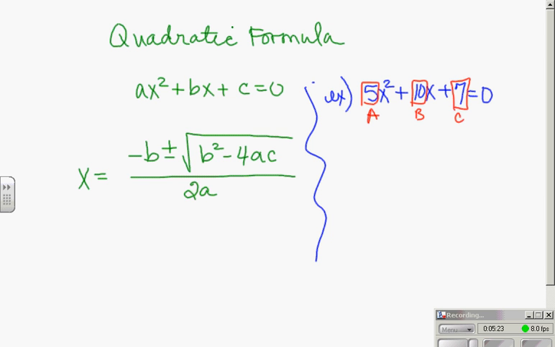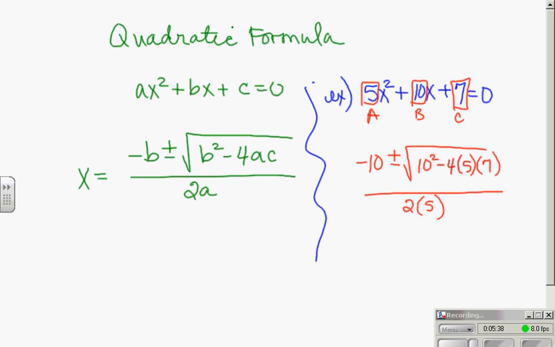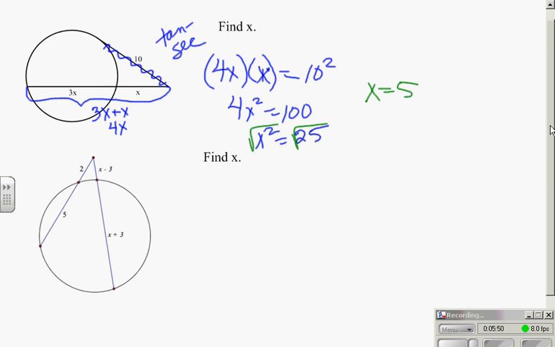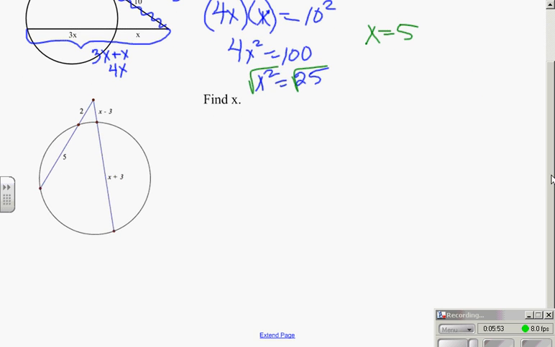This is my A, this is my B, this is my C. We leave the variables off, so I have the opposite of B plus or minus the square root of B squared minus 4 times A times C all over 2 times A. When you work that out, that gives you the answer for what x is when the y equals 0. So sometimes we are going to get problems that need that quadratic formula.